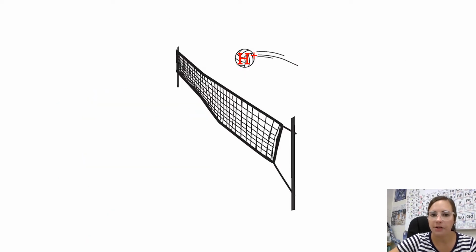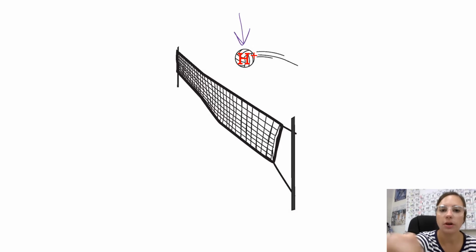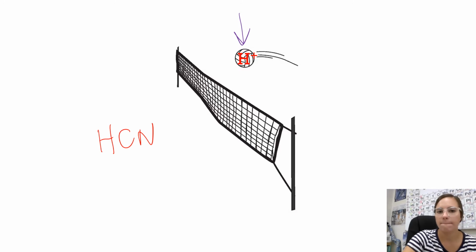I like to use the analogy of volleyball with conjugate acid-base pairs. A conjugate acid-base pair can only differ by one hydrogen proton. It cannot be multiple protons. What I mean by that is if my acid is HCN, then if HCN gives up the hydrogen, it's going to be CN-.